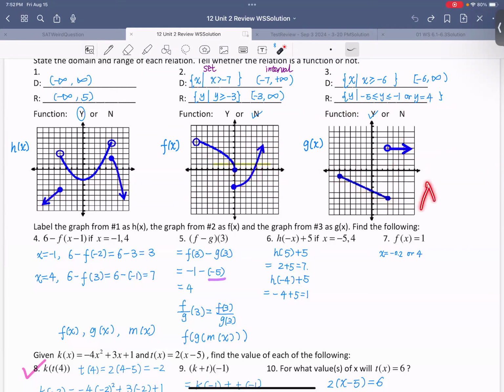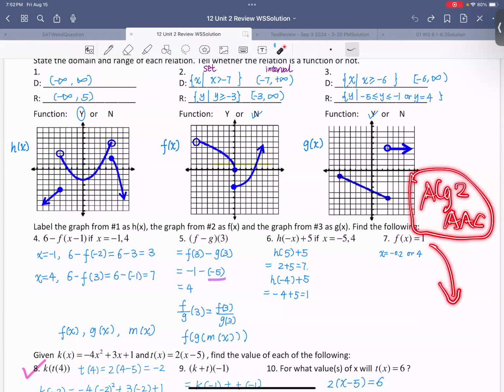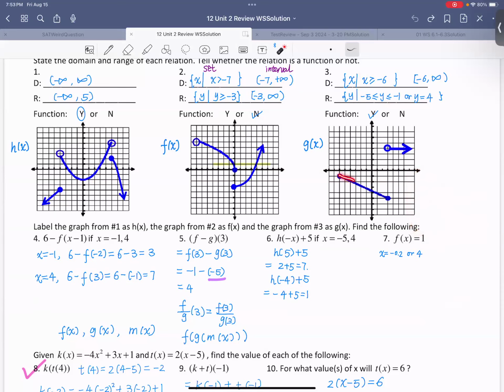Algebra 2 AAC is a bridge to connect to your next AP Pre-calculus level so that we can introduce very complicated concepts like limit and continuity. So this is preparation for next year. So we want to be careful. The result, you cannot put -5 to 4. You have to write this as 2 parts.